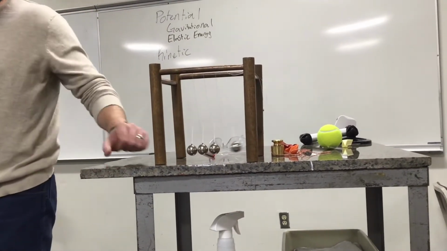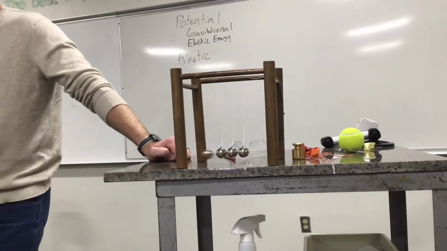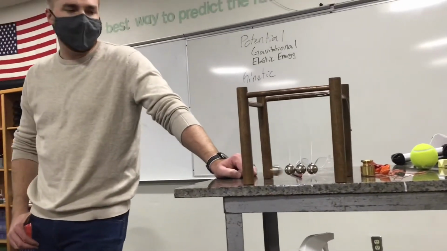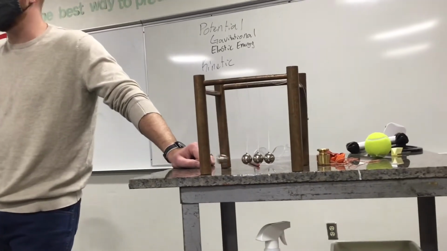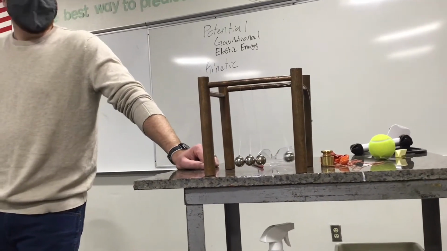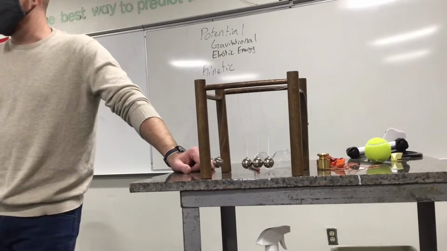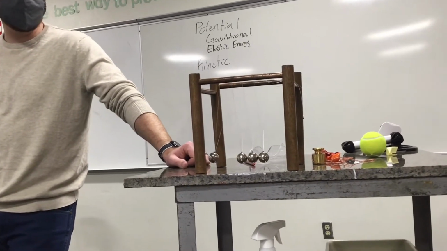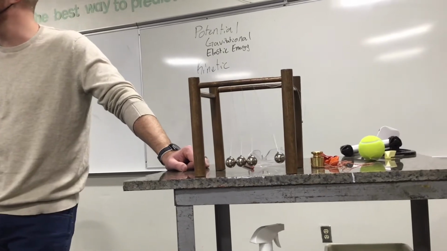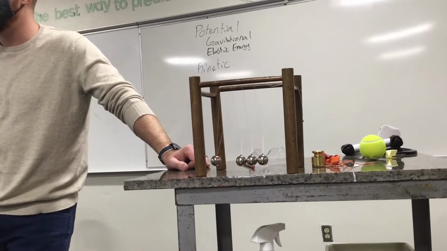One thing that makes Newton's cradles really cool is that they conserve a lot of energy. And so it can sit here and oscillate back and forth like this for a long time before it expends all its energy. But what we need to be considering is what kind of energy is it expending? Is this elastic or is it gravitational? Elastic.